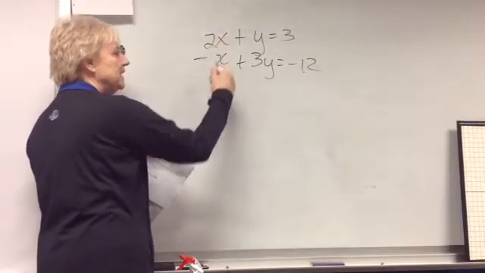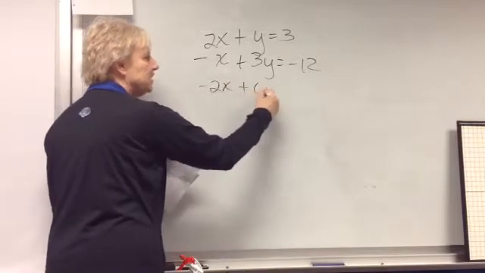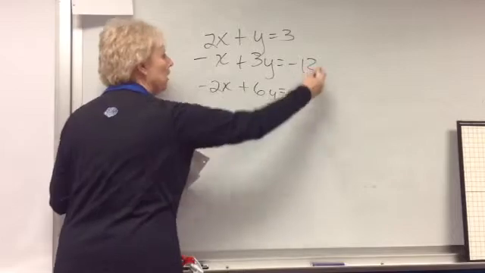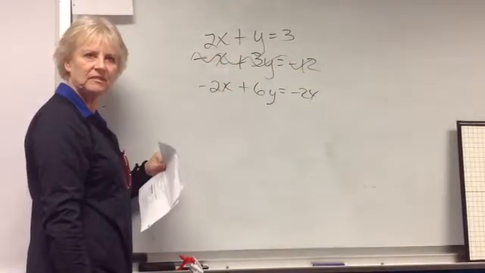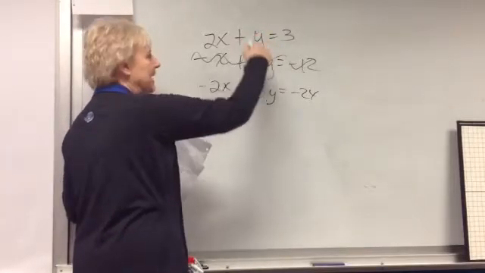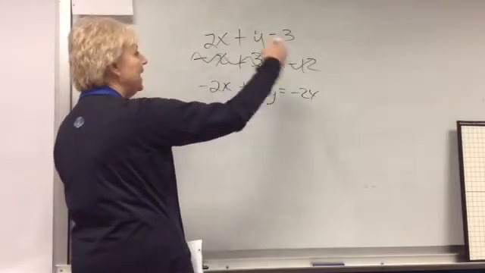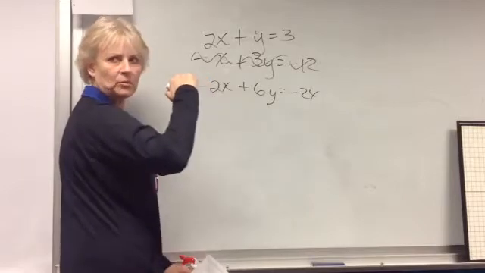Look what happens if I multiply the bottom by 2. That gives me -2x, 6y, multiplying by 2, -24. Opposites. I could have multiplied by -3 and gave me opposite y's. I could have multiplied by, what else?